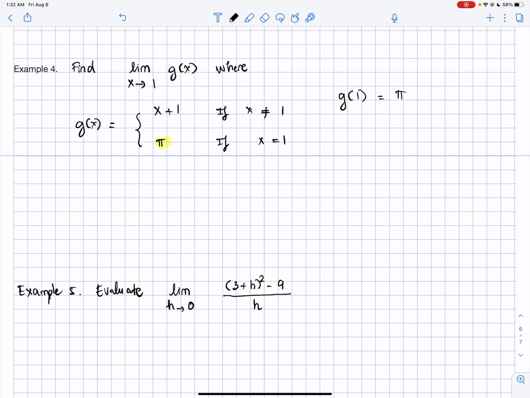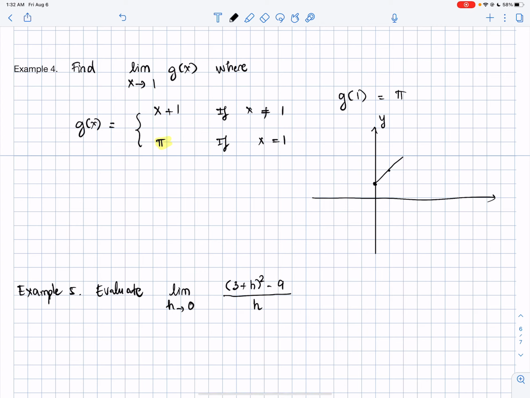So this is a little tricky because this is a piecewise function. This is not a polynomial or rational function. If you do the graph, for the top one you begin from 1 on the y, and then the slope is 1, so you go 1 up and 1 to the right.